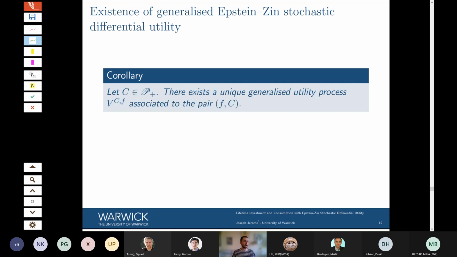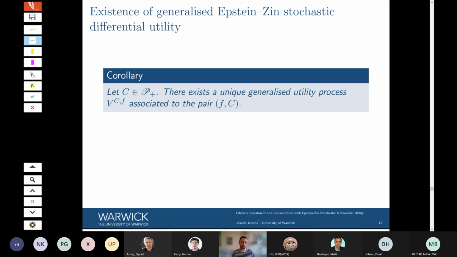We're going to be able to approximate any consumption that we want by these geometric Brownian motions. So we get the following corollary: if C is a non-negative progressively measurable process, then there's a unique generalized utility process associated to this pair.